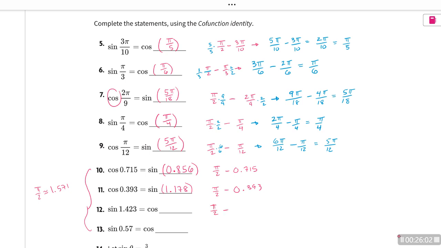Pi over 2 minus 1.423. So pi divided by 2, 1.571 minus 1.423 gives us about 0.1477. So 0.148, I'm going to round up. Here, pi over 2 minus 0.57.